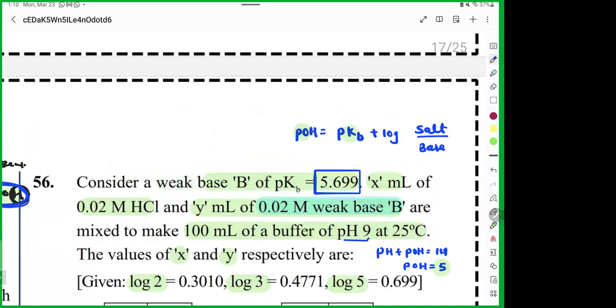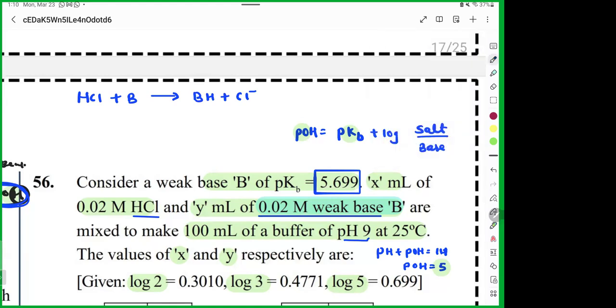You know, HCl is reacting with base. It is written that X ml of HCl will react with Y ml of weak base. So when HCl reacts with the base, what will happen? The base will accept H positive ion and become BH positive and Cl negative.